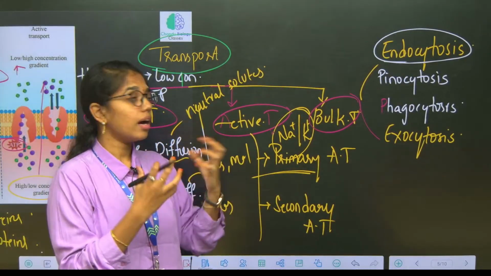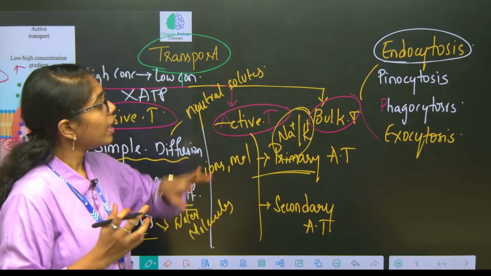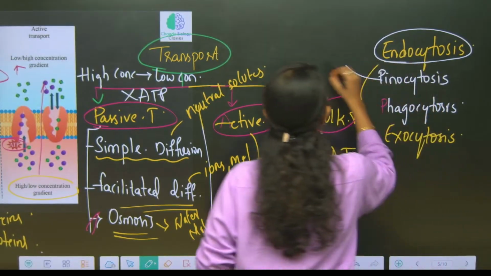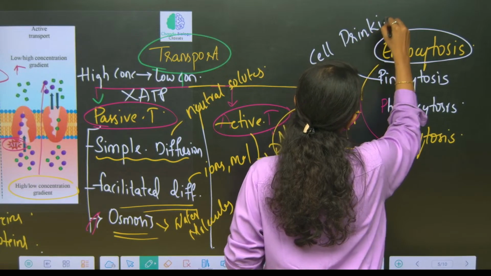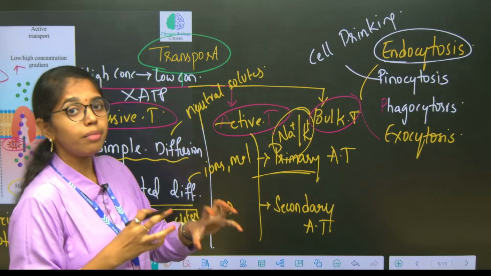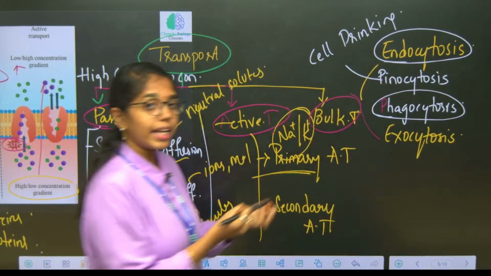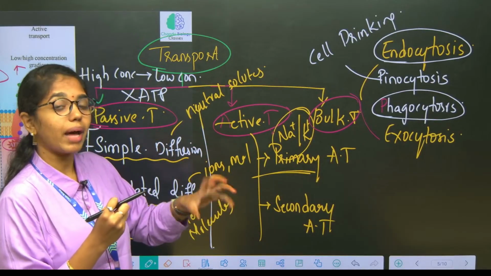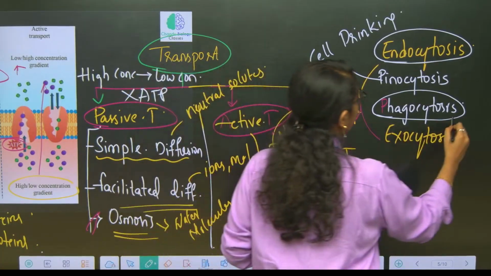Endocytosis is entry of molecules in bulk into the cell. Pinocytosis is also called cell drinking, wherein there is entry of water molecules or solvent molecules in bulk. Phagocytosis is entry of food molecules in bulk into the cell, also known as cell eating.